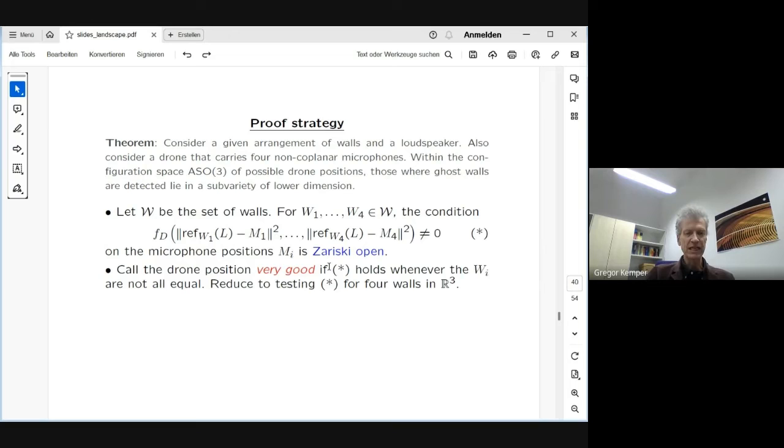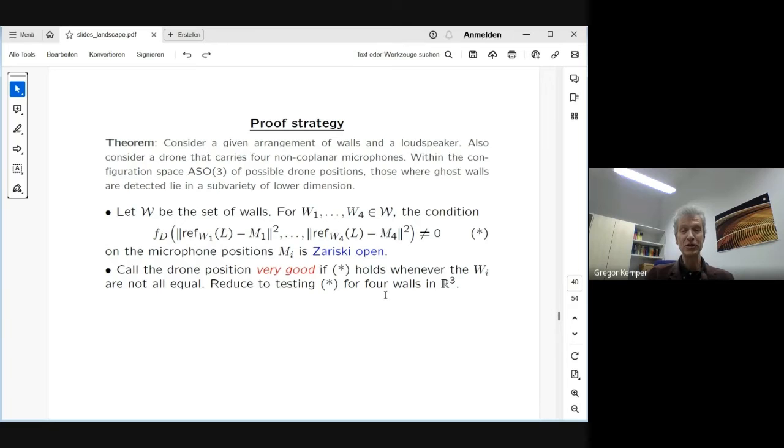Now we introduce one concept. We call a drone position very good given the set of walls if this becomes an equality only if the walls W1 through W4 you choose from this set of walls are all equal. So a very good drone position is certainly a good drone position, although the converse does not hold.